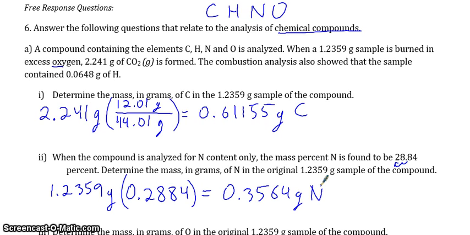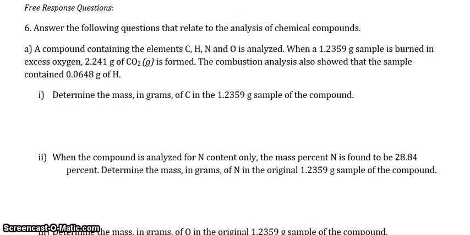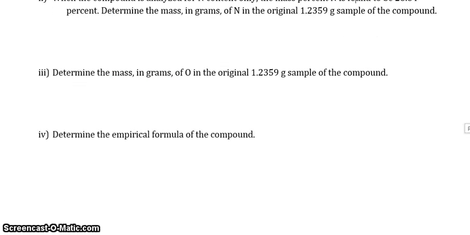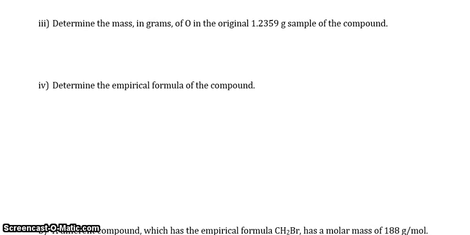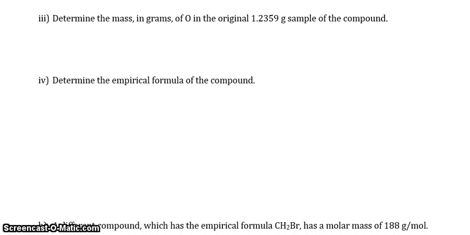Okay, so let's keep going. We'll have to remember these, so let's put them to the side here. We have oxygen to determine, and then we will do the whole formula. So let me remember what we had just here.